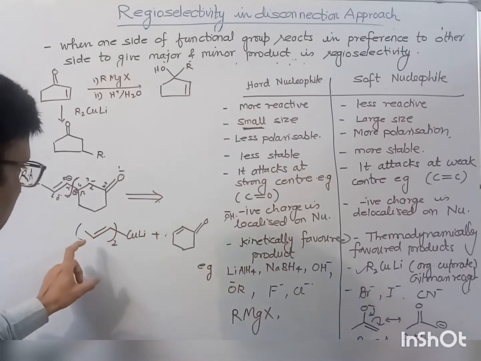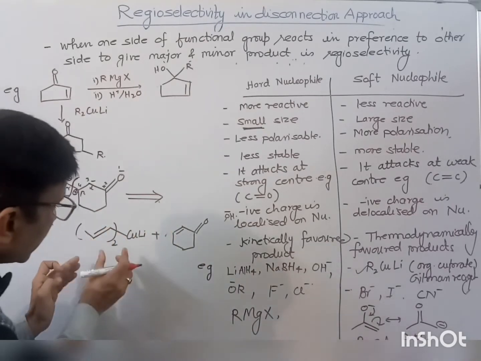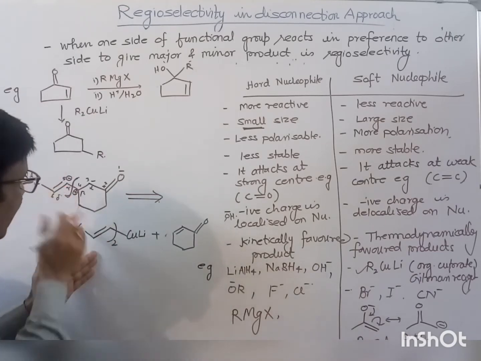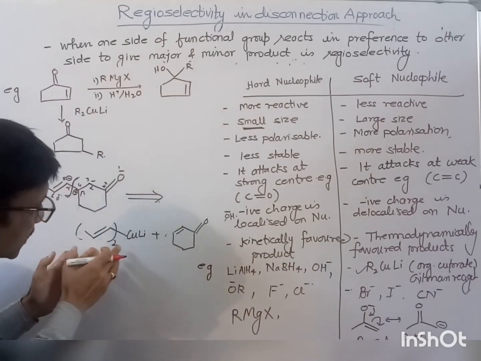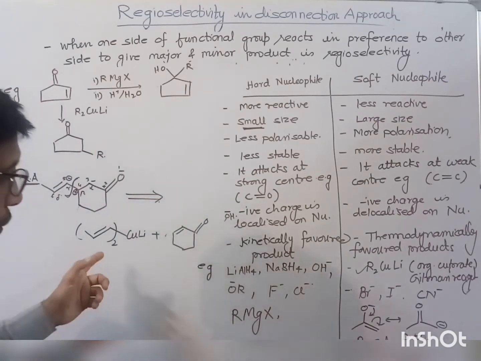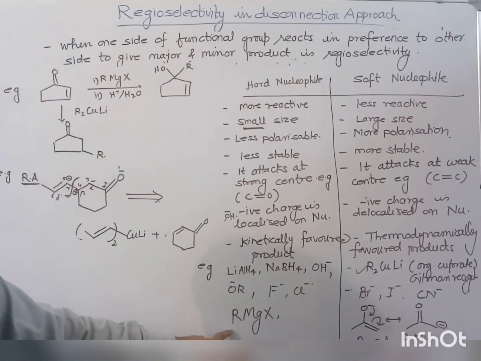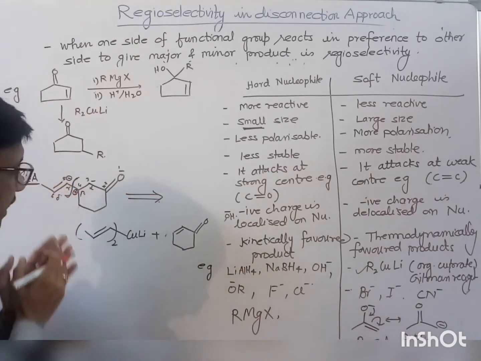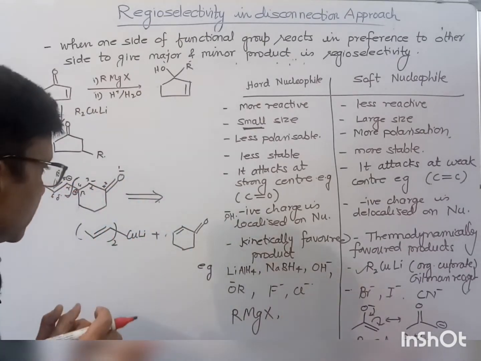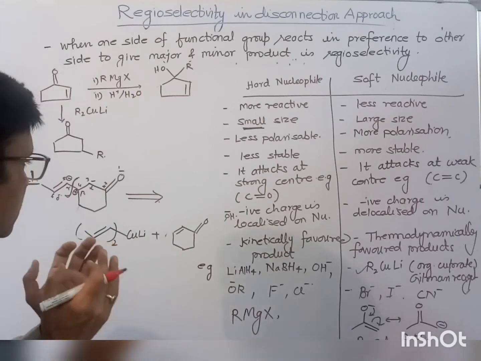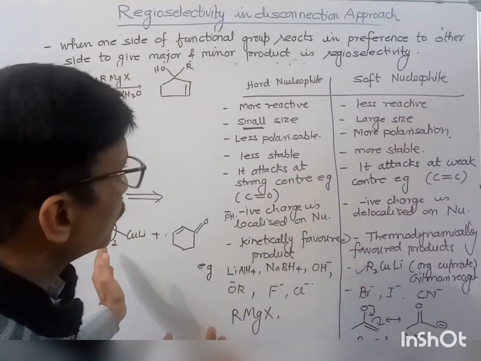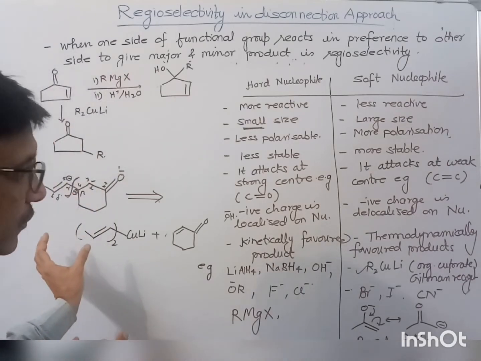And here we are writing the organocuprate. So this allyl anion is converted into an organocuprate, not this RMgX. What is the reason? This allyl anion is big in size, and as all of you know, it is a soft center.